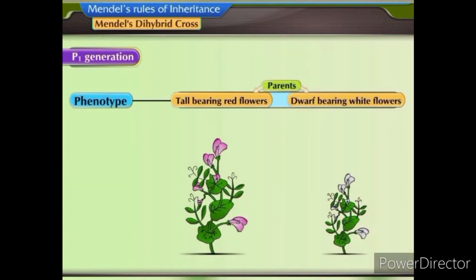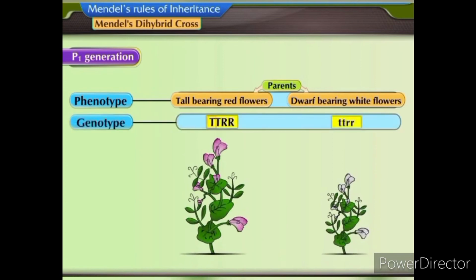One of the parents is tall, bearing red flowers, and the other parent is a dwarf, bearing white flowers. Tall plant and short plant are represented by genotype capital T and small t respectively. Capital R represents the genotype of red flowered plants and small r represents the white flowered plants.